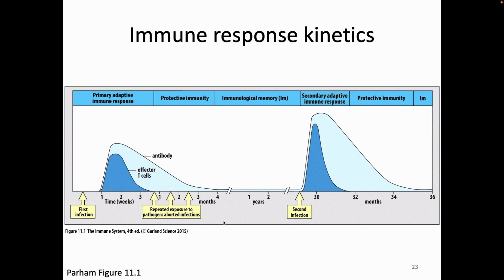Sure, fine. Here you can kind of see this response, both our primary response that we've been talking about, and then the fact that later on, if you are infected again, you do have this different type of response known as a secondary response. That's because of the changes that have happened to the cell and the changes in the cell's quality.